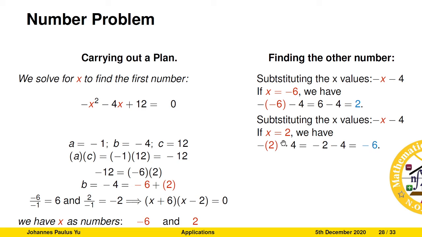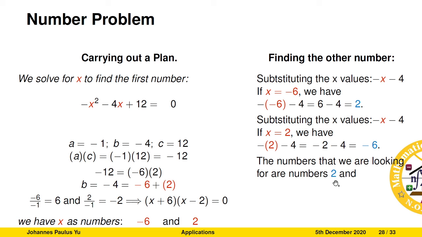So if the first number is 2, the second number is negative 6. So walay na otro. Pareha. Sa laktod nga pagkasulti, if the first number is negative 6, the second number is 2. And if the first number is 2, the second number is negative 6. Therefore, the numbers that we are looking for are 2 and negative 6.